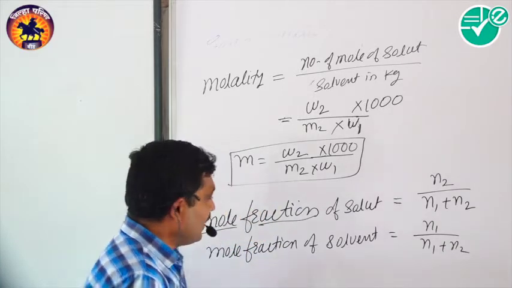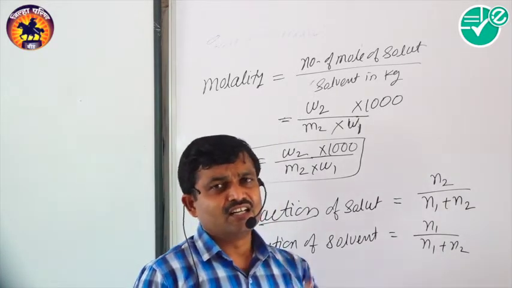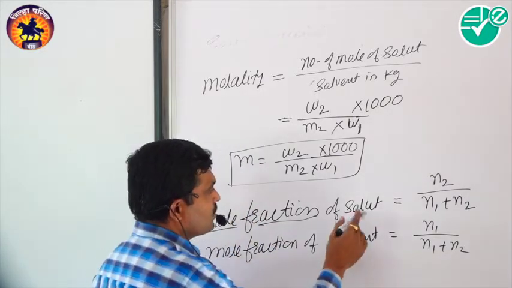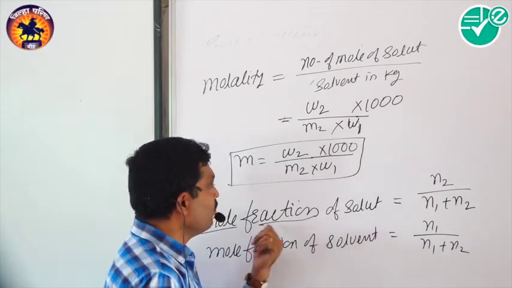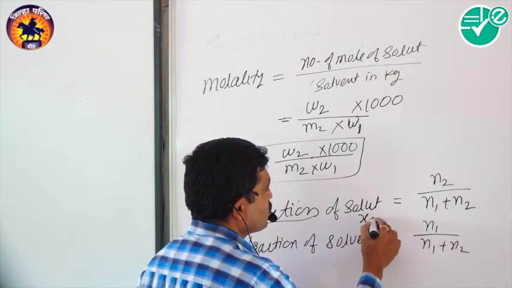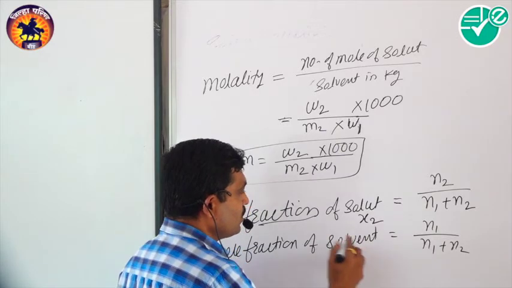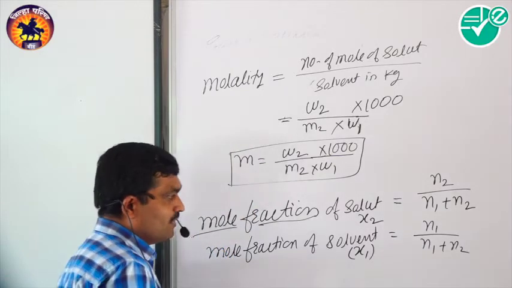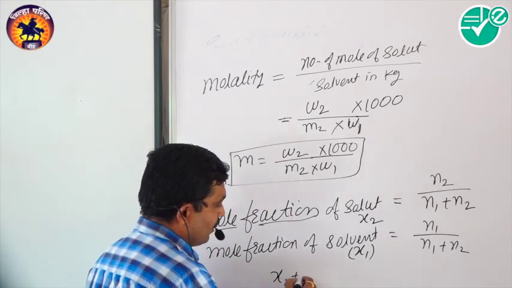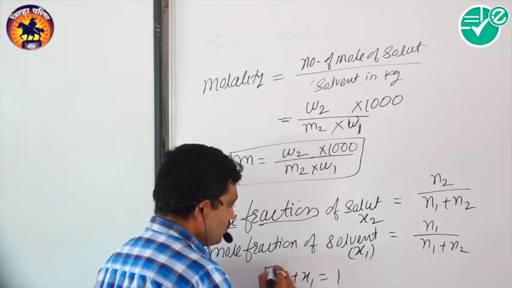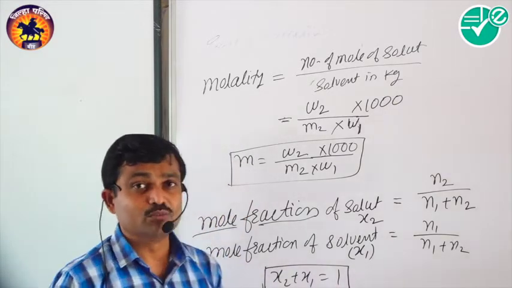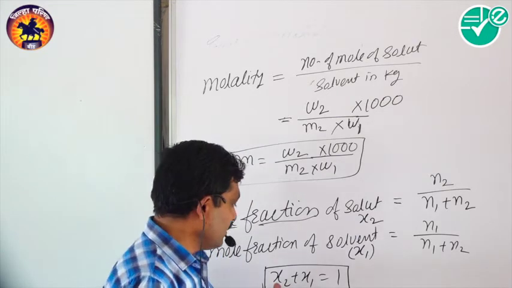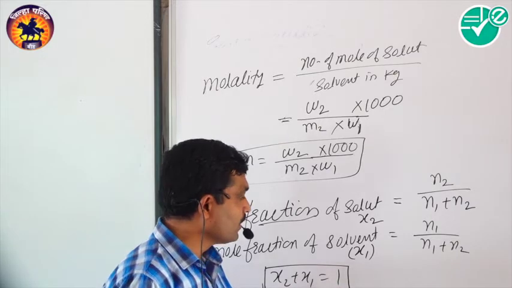Look at another term required to study the colligative property. If the mole fraction of the solute is x2 and the mole fraction of the solvent is x1, then always x2 plus x1 is equal to 1. This is also a very important term used in colligative properties, so you must remember that x2 plus x1 is equal to 1.